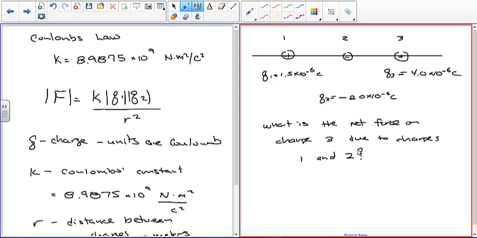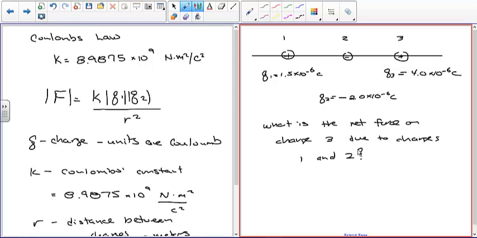So we're going to look at the force between charge 1 and charge 3, see whether it's positive or negative, and look at the force between charges 2 and 3. Then we can add the two values together to give us the net effect of both charges. That's called the principle of superposition, which we've used before.